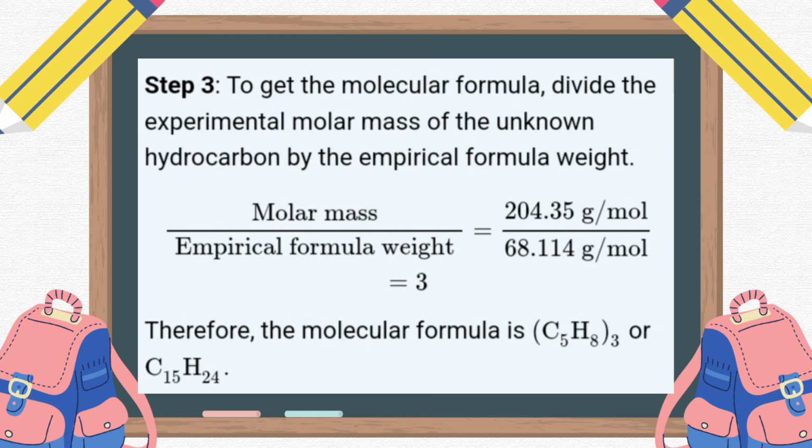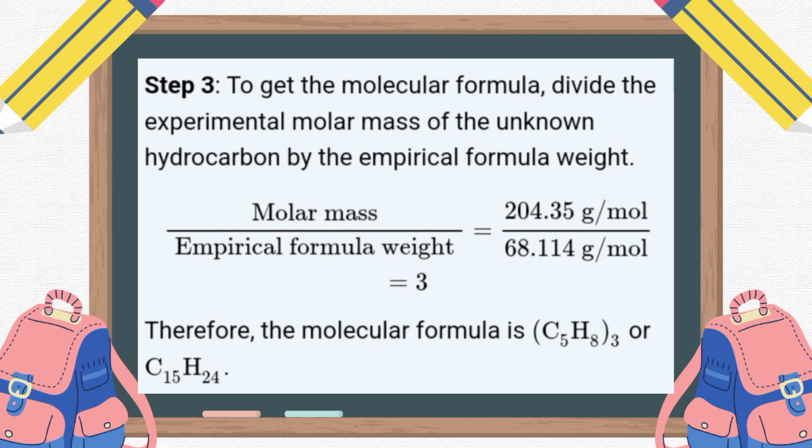So therefore, the molar mass of 204.35 grams per mole divided by the empirical formula, we have 68.114 grams per mole. So that's equal to 3.